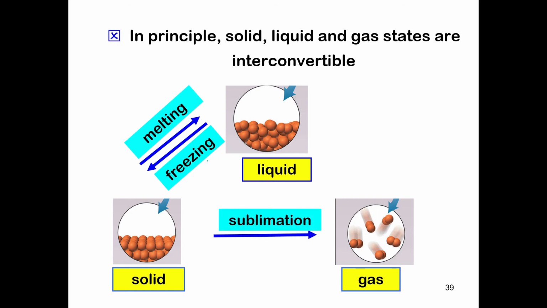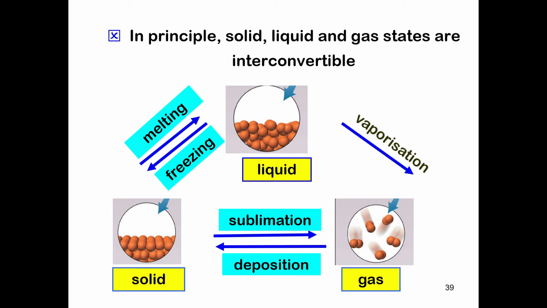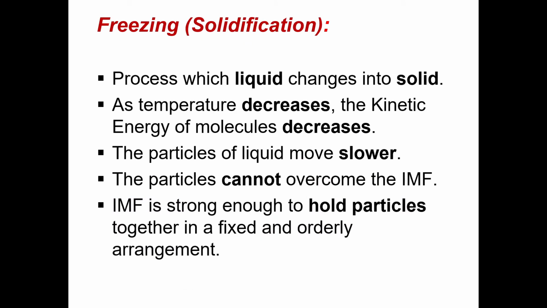Next one is sublimation. Solid terus bertukar kepada gas, pemejal wapan. And from gas to solid is deposition. From liquid to gas is vaporization. From gas to liquid is condensation. So this is the principle untuk penukaran bentuk fizikal bagi solid, liquid dan gas.